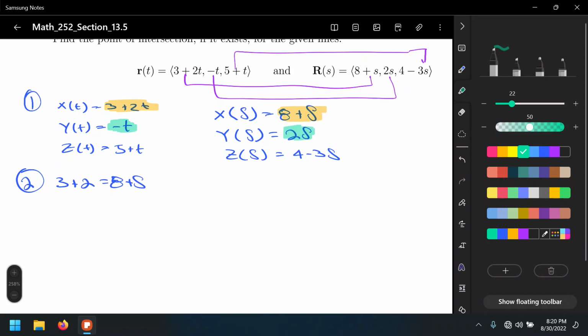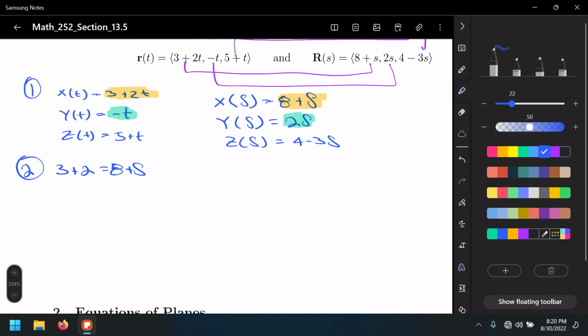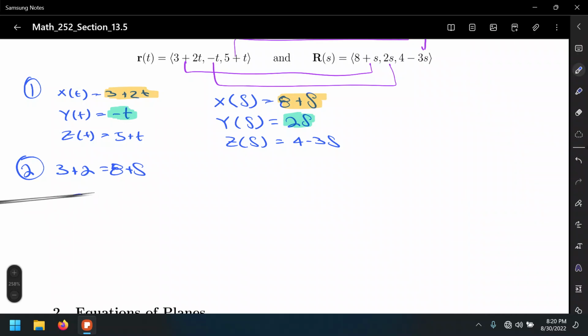That's going to be enough for now because we're dealing with two variables, so setting two equations is enough. If we had three variables, we would have set a system of three equations and three unknowns. So negative t equals 2s.